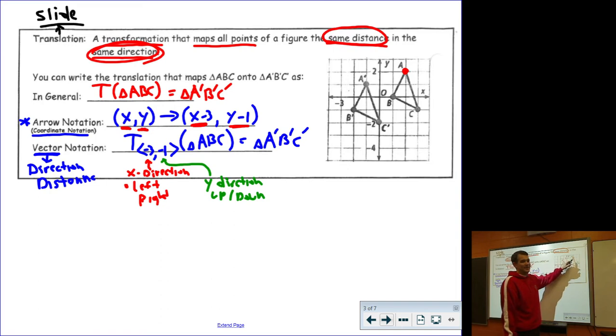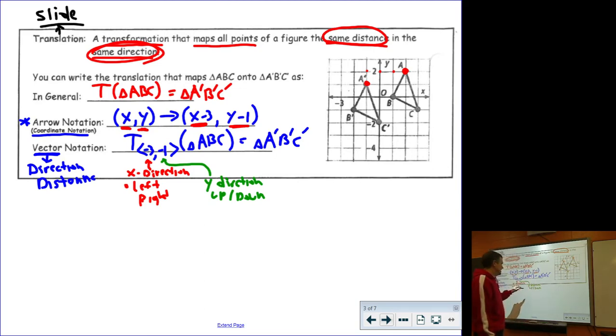Notice in the diagram that the pre-image A goes left 3 and then down 1. The down 1 is because of the -1, right? The -1 is telling you how far to move in the y direction, and since it's negative, you're going to go down. This vector means left 3, down 1.